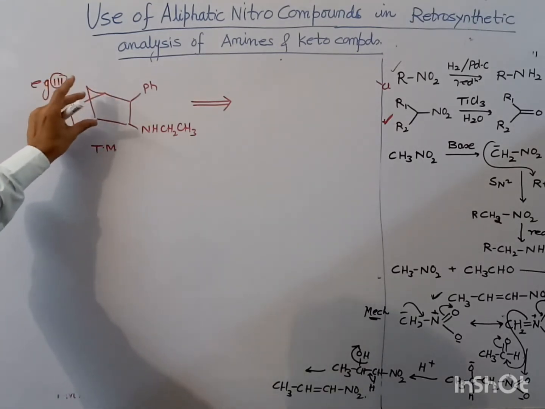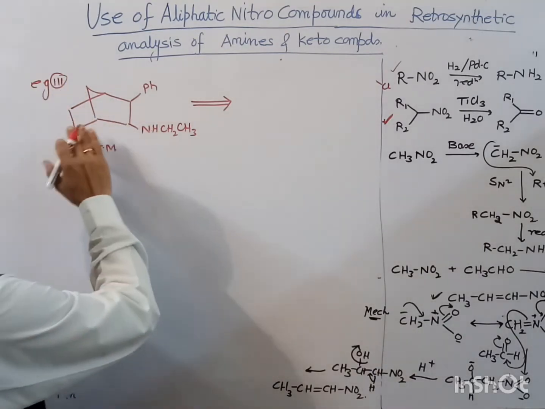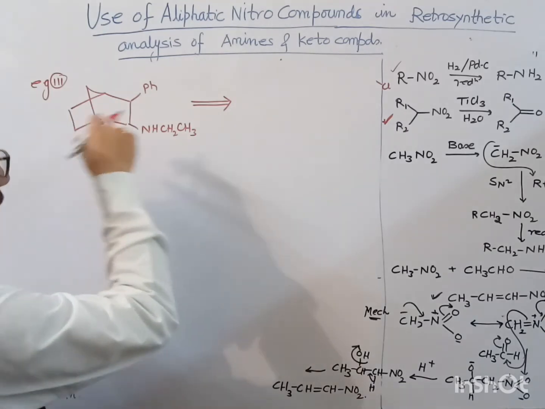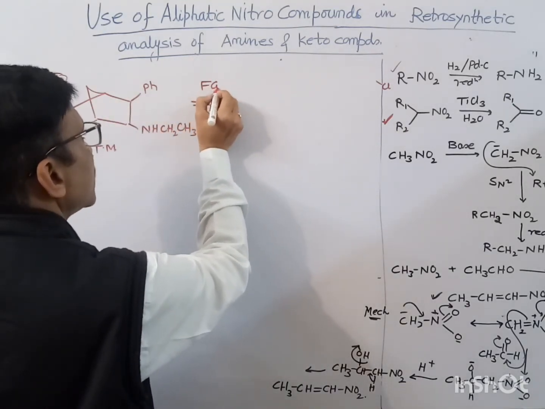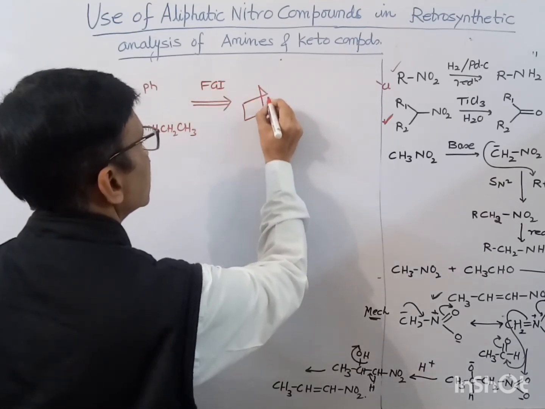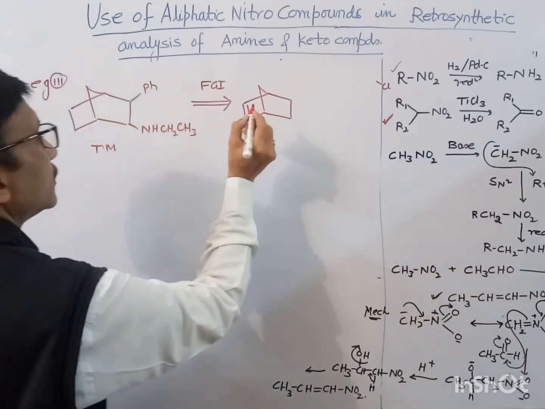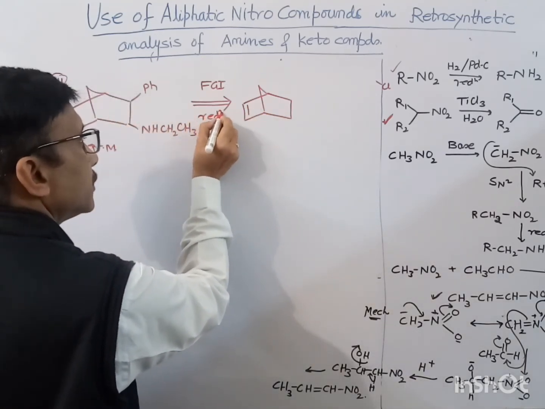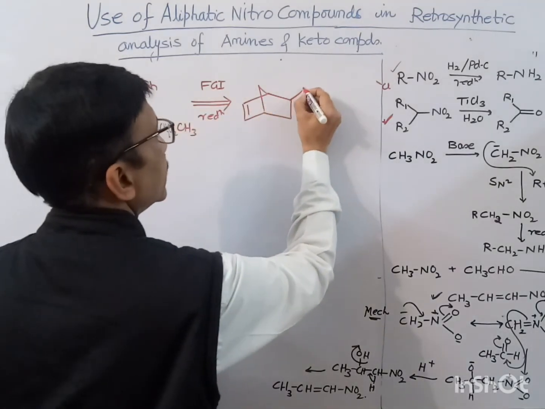It can be obtained from diene and dienophile, so that can be converted into one of the alkene molecule. So if I do this FGI, then I can convert it into a double bond here. So with this reduction, this double bond will get reduced into this one.